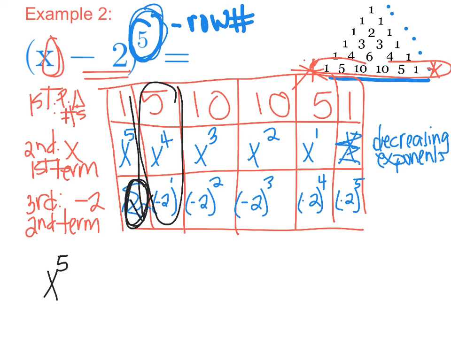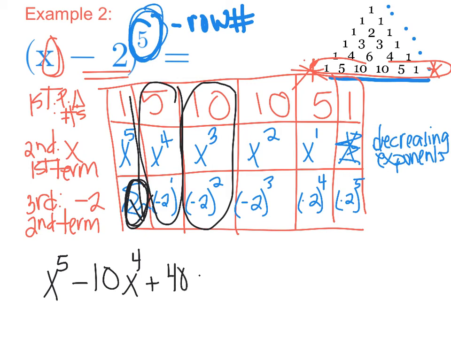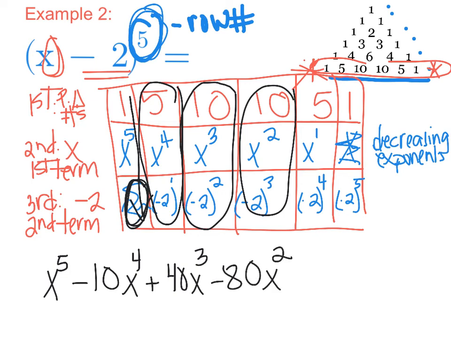Okay, so now we'll multiply this one. We have 5 times x to the 4th times negative 2. That would be negative 10x to the 4th, plus, in this case, 10 times x to the 3rd times 4. So that's 40x to the 3rd. 10 times negative 8 times x squared, so that'll be negative 80x squared.